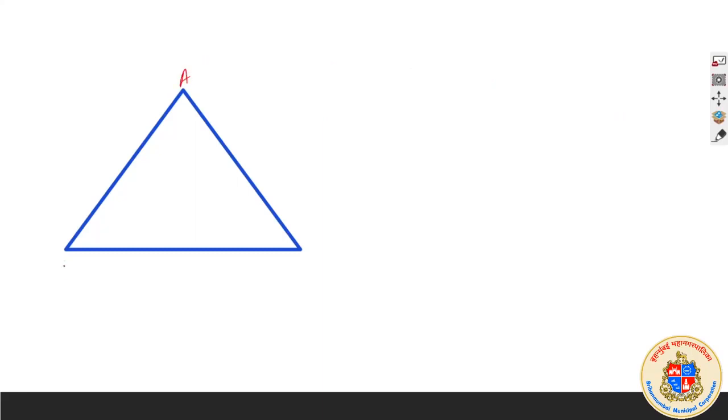Let me once again name it as ABC. We are trying to understand what is the concept of congruence of triangles. Congruent is the spelling of it. What is the concept of congruence of triangles?